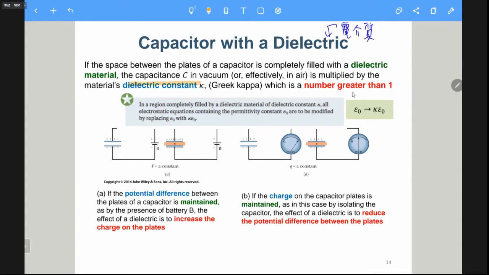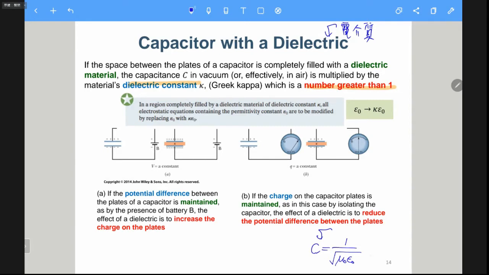This is an important property, because in chapter 33, when you learn the EM wave, you will know that the speed of light, 光速, will be 1 over the square root of mu naught epsilon naught. This is the speed of light in vacuum or in air.